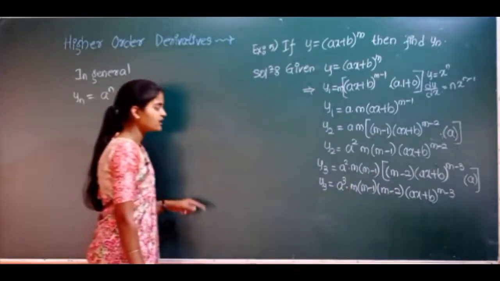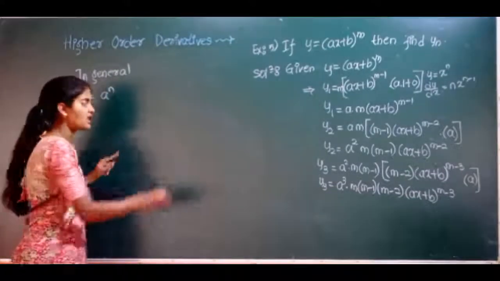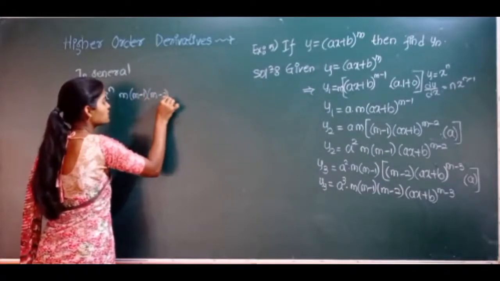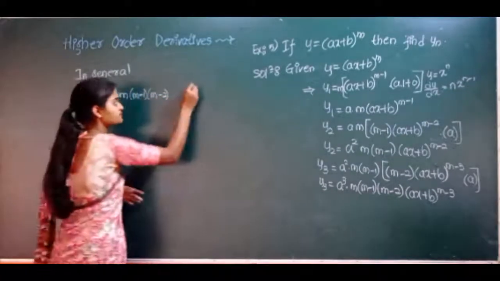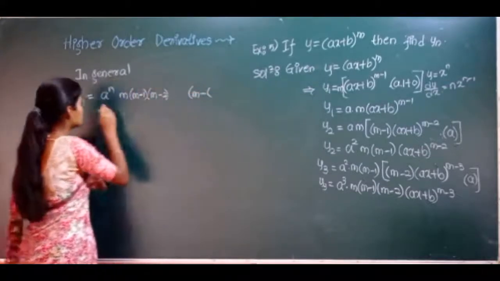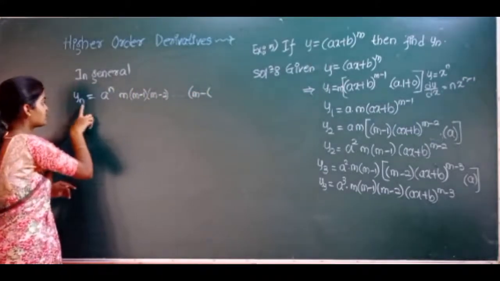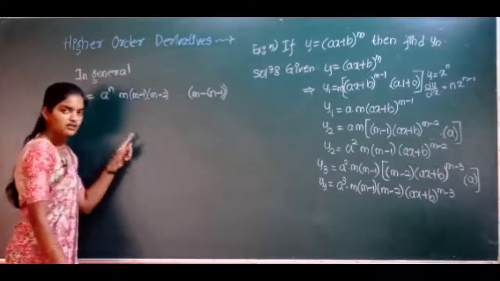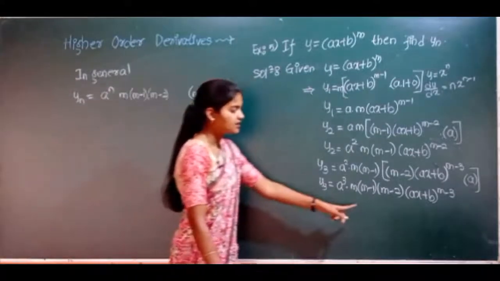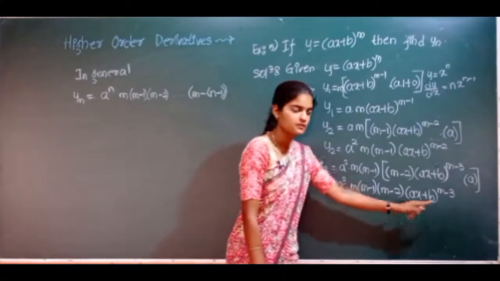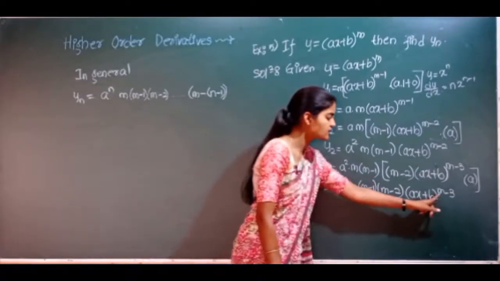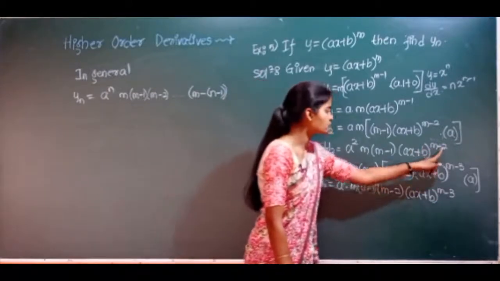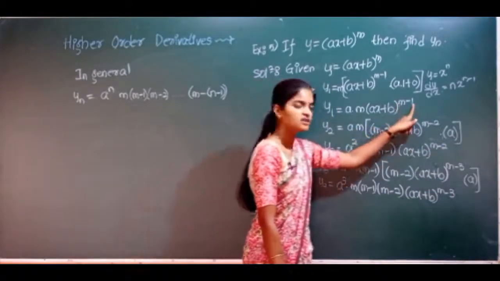So, in general we are taking the nth derivative. Now this m into m minus 1 into m minus 2 term continues up to what? One less than n, that means n minus 1. Now this term is over, and for ax plus b: for the third order it is ax plus b raised to m minus 3 itself, for the second order it is m minus 2, and for the first it is m minus 1.